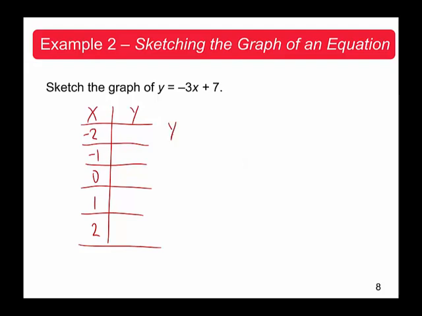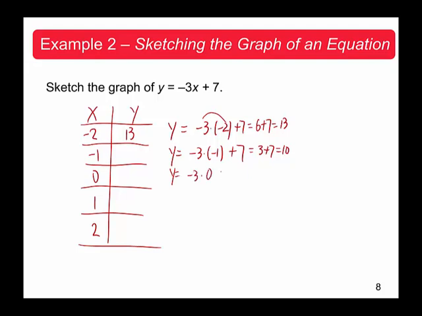So here, the first y coordinate will be -3 times -2, adding 7. Multiply that, you get 6 plus 7, that's 13. Okay. Second one, y equals -3 times -1, adding 7. That turns out to be 3 plus 7, which is 10. Okay, and the third ordered pair, y equals -3 times 0 plus 7, 0 plus 7, that's 7.